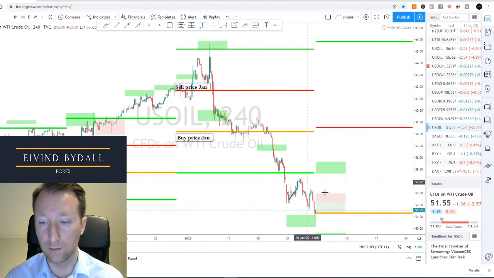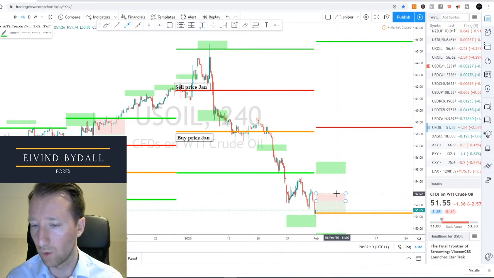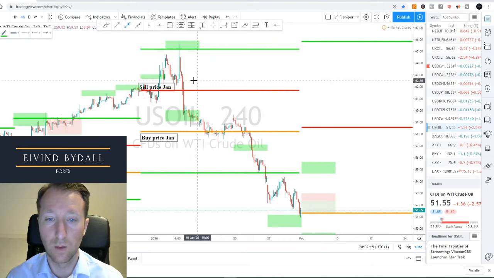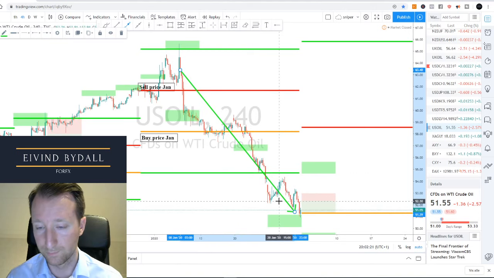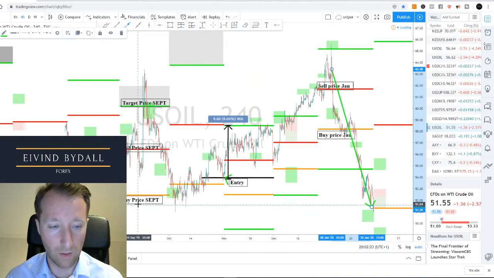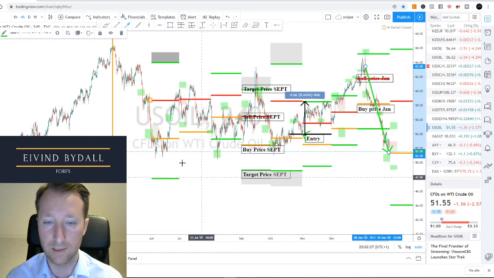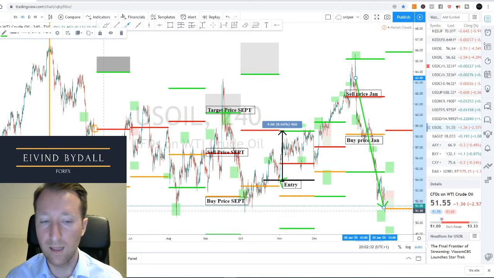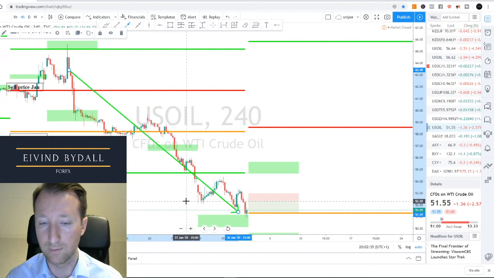For oil, this to me looks like we're going to go up. First of all, we have a very strong sold oil. We also are back to very clear resistance. Even though it has come back to it, it has always gone up from this place.